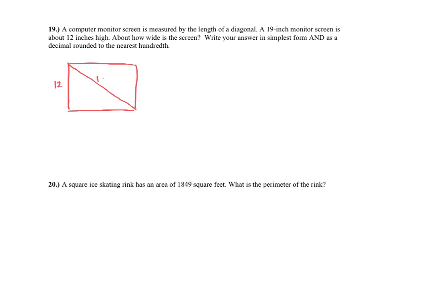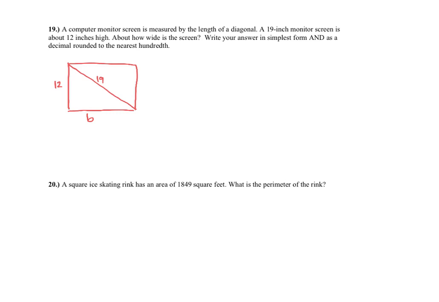Well, 19 is that diagonal length because it says in the first sentence that a computer monitor screen is measured by the length of the diagonal. And so then you here were finding the length of the leg. And some of you found the length of the hypotenuse. You made 19 the leg, but 19 is actually the hypotenuse. So for those of you who made a mistake on that one, hopefully my picture helps you understand that better.